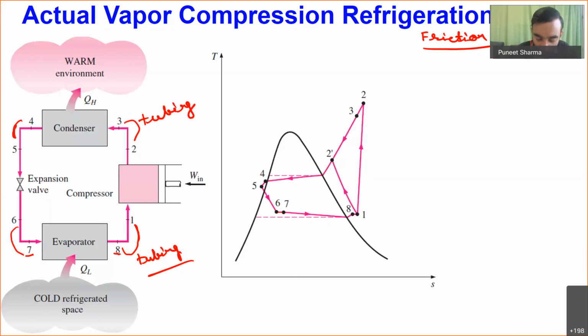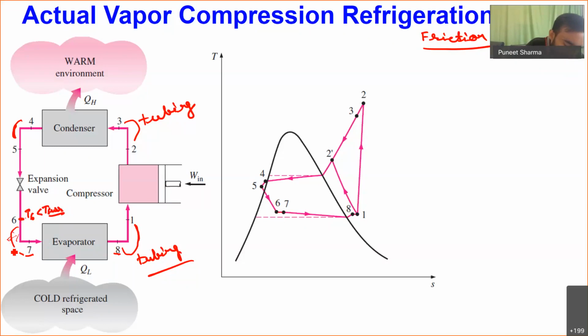Okay, so now what will be happening, if you see over here, if I take say point number 6, my point number 6 is at the outlet of the expansion. As I told you, the temperature of point number 6 will be less in comparison to the surrounding temperature. So whatever tubing connects our point number 6 to the evaporator inlet, here we will be having certain unwanted heat addition.